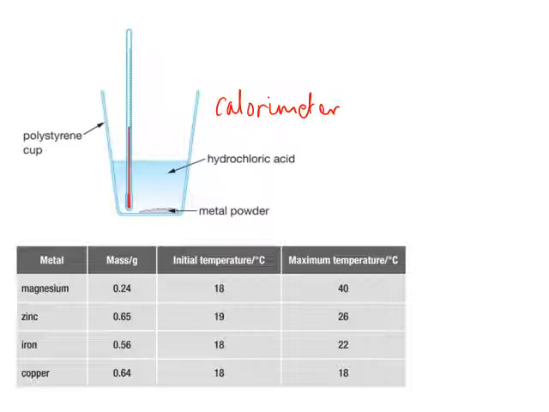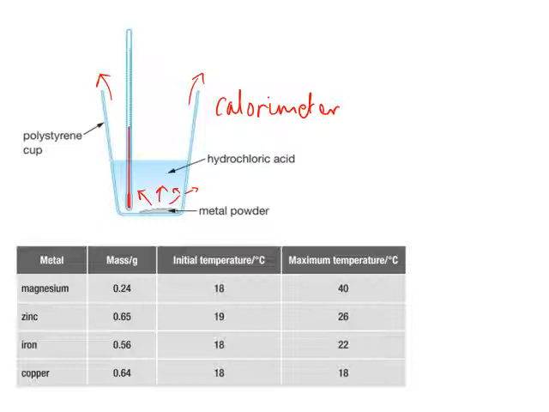And we're going to measure the temperature of this reaction, how much heat is being released from this cup here. Some heat will escape, but polystyrene is a pretty good insulator, so not the most accurate results, but they're good enough for this experiment.